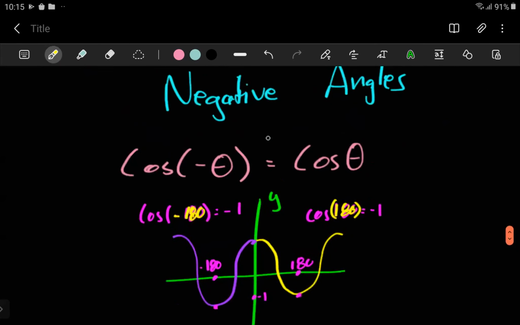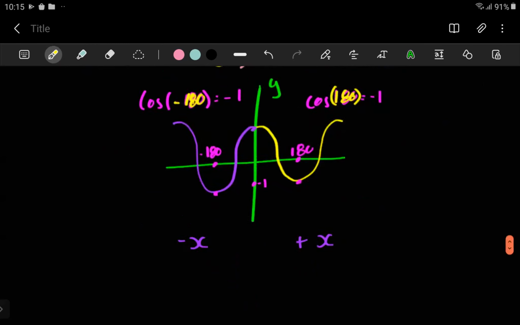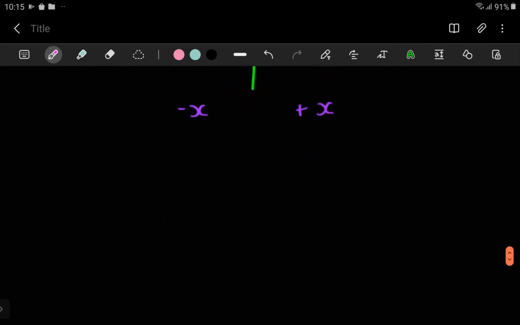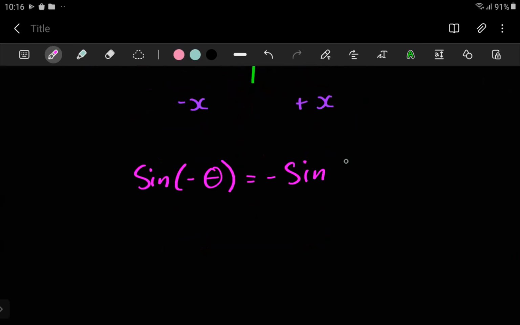So when we speak of negative angles, anytime there's a negative here, cos is equal to positive cos. However, for the other two, sine and tan, if you have sine with a negative value in here, it will always be equal to negative sine theta. Same with tan: tan with a negative here will be equal to negative tan, like that.